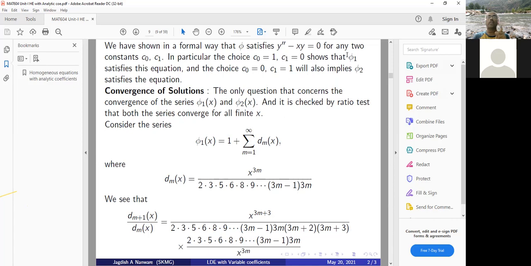If you look at the solutions phi1 and phi2, these two solutions are series solutions. And in the introductory lecture of this topic, I told you how you test, or what you mean by, the convergence of a series.